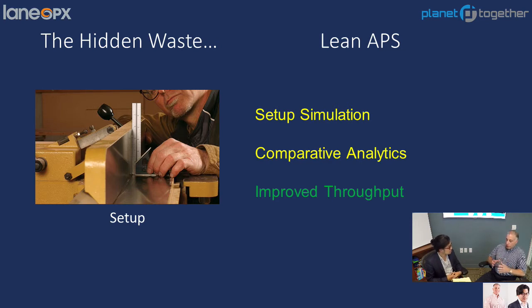Okay, so it sounds like what you're saying, the scheduling software has the ability to create what-if simulations, and different scheduling scenarios can be created to be evaluated on how to reduce setup time based on, say, families or common product types. Exactly. Is that what you're saying?